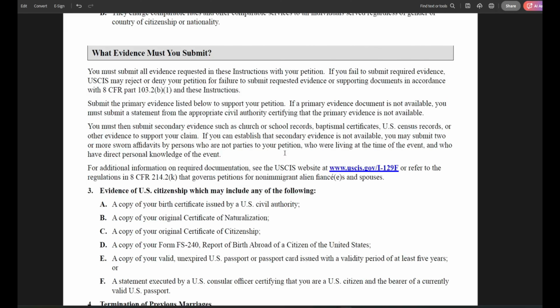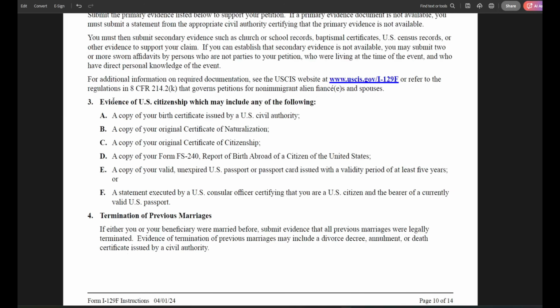And finally, if you're wondering what kind of evidence needs to be provided for the form I-129F, that is also all listed in the form instructions. Firstly, provide evidence of U.S. citizenship of the petitioner because only citizens are able to file this petition.